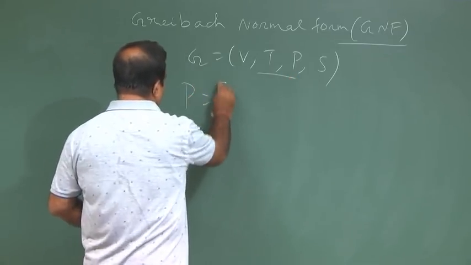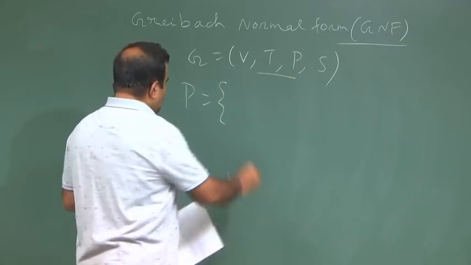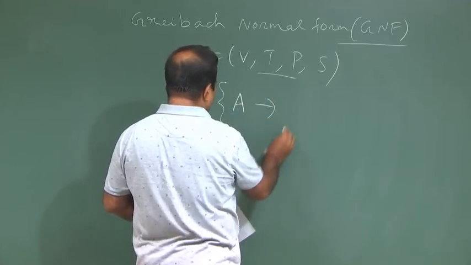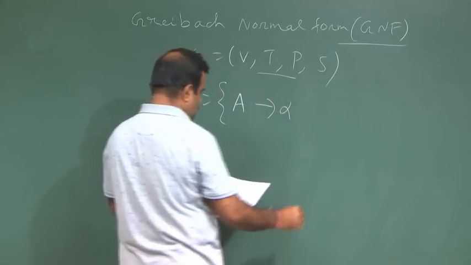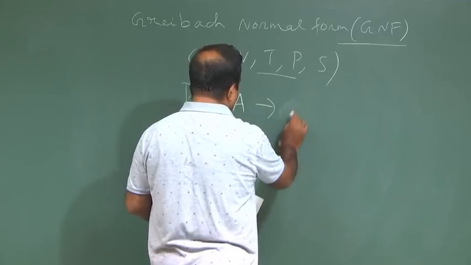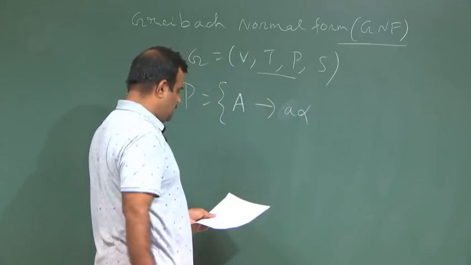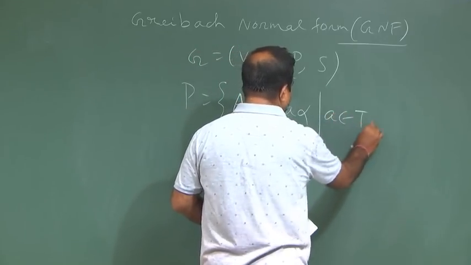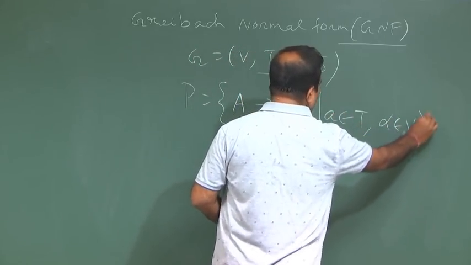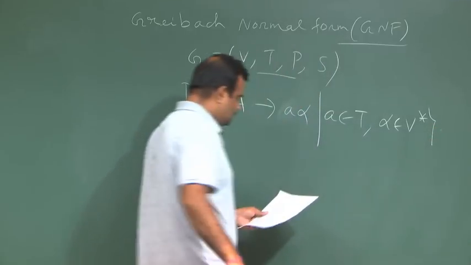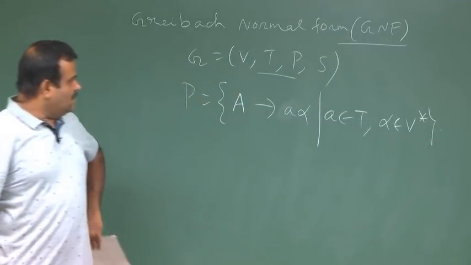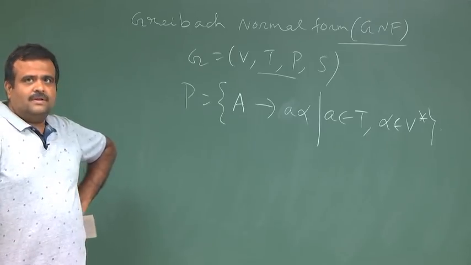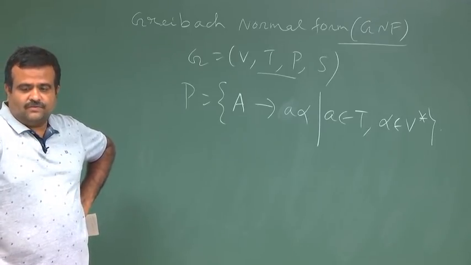P consists of all the rules A going to a alpha, where a is a terminal, but alpha is a string of variables. Alpha is a string of variables, then it is called GNF.